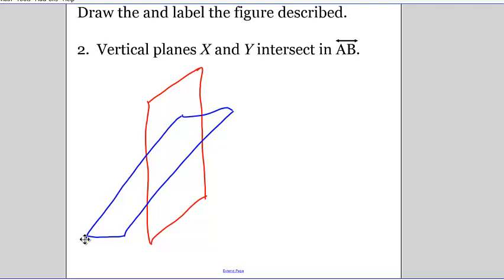Now their intersection, the points that they share in common, is going to be that line right there. And we need to name it A, B, and then vertical planes X and Y.